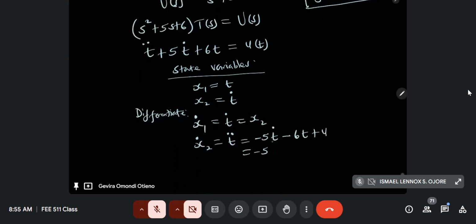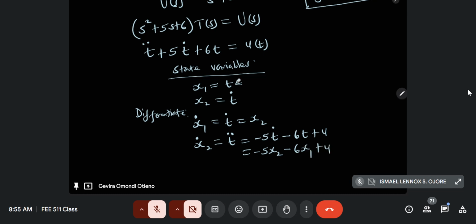So you see, our right-hand side here is in terms of T, so we have to change those in terms of x. So we can say minus 5. What is the derivative of T in terms of x? I see the derivative of T here as x2. So I'll just write this as x2 minus 6. What is T in terms of x? I can see from here that T is just x1, plus u.